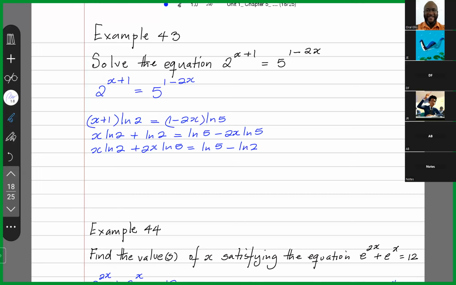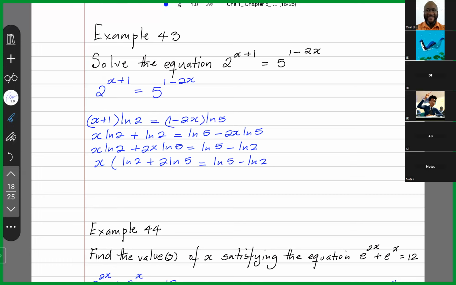On the left, x is the common factor, so you factor out x, you get ln 2 plus 2 ln 5, and this is equal to ln 5 minus ln 2.